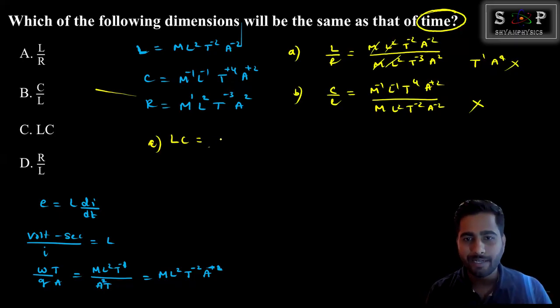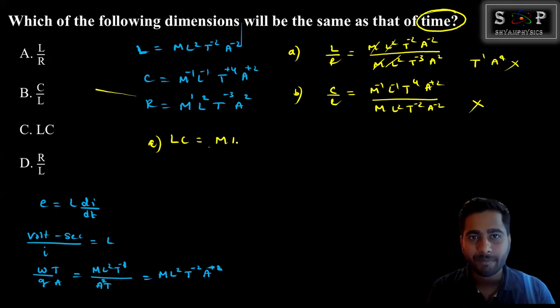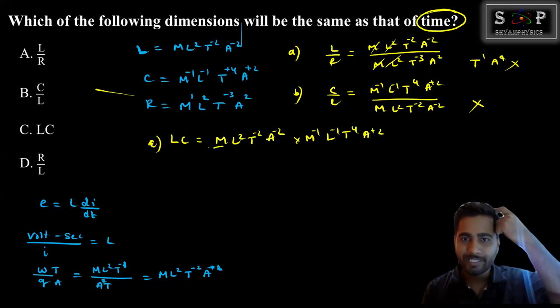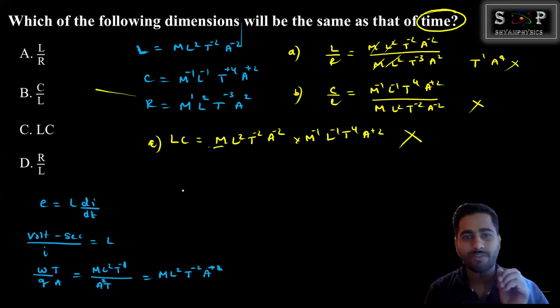Okay, next L into C. L, what they have given basically, m L to the power 2 t to the power minus 2 a to the power minus 2, into C. C is m to the power minus 1 L to the power minus 1 t to the power 4 a to the power plus 2. Here m will be cancelled, L will not cancel. So this is also not matching.